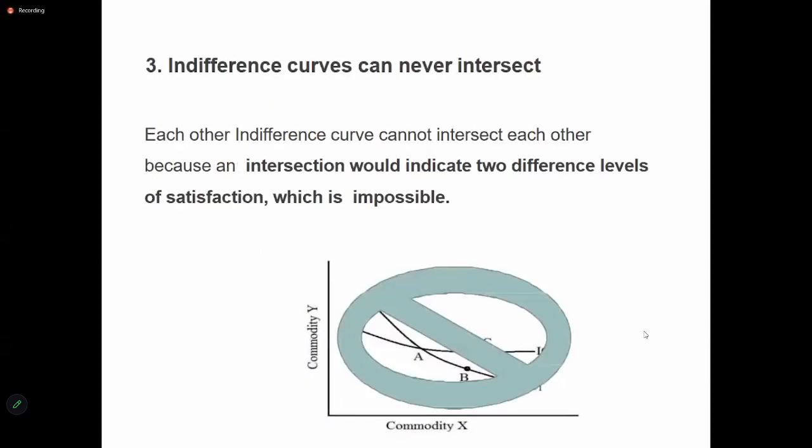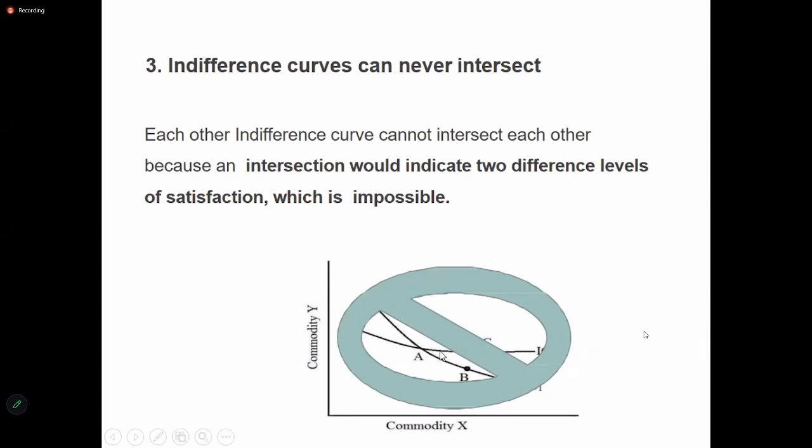Third property, indifference curves can never intersect. See here, you can see. Let's say one indifference curve and another indifference curve cannot touch or cross like this. Why? Because one indifference curve gives the same satisfaction. But if it goes up, what will happen?